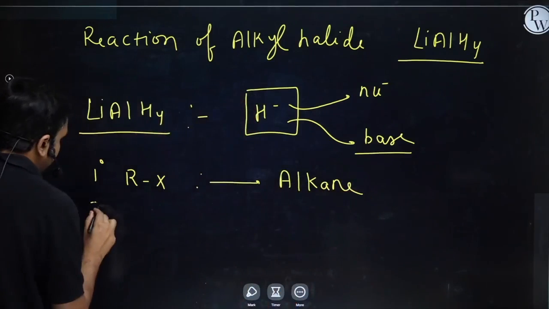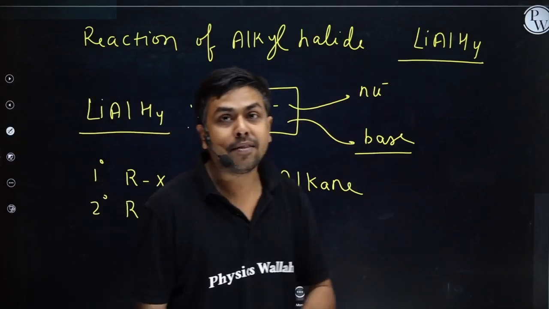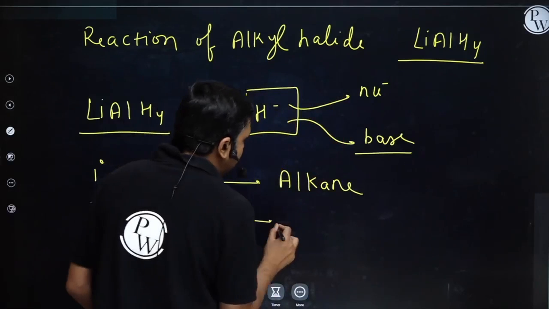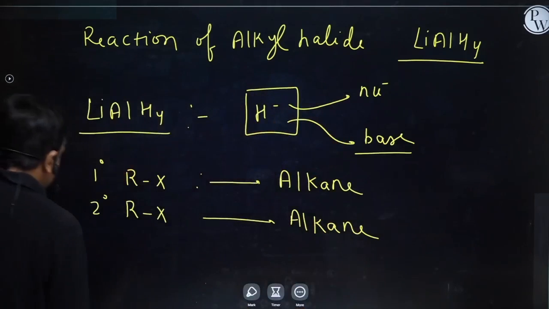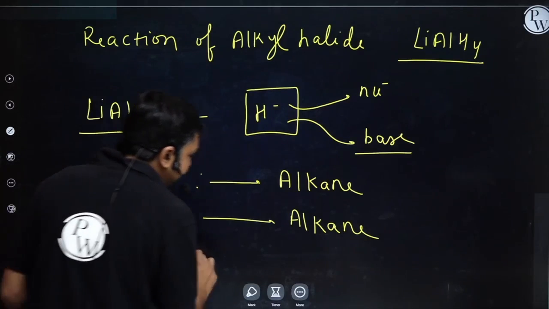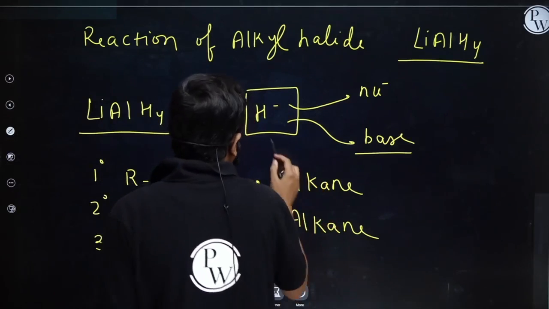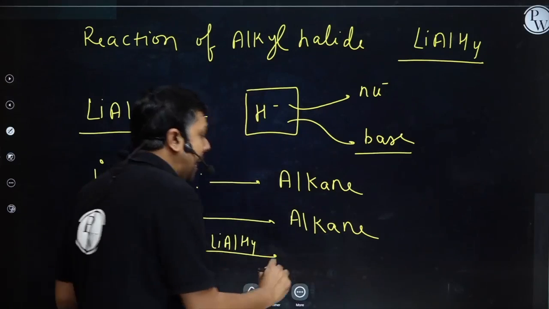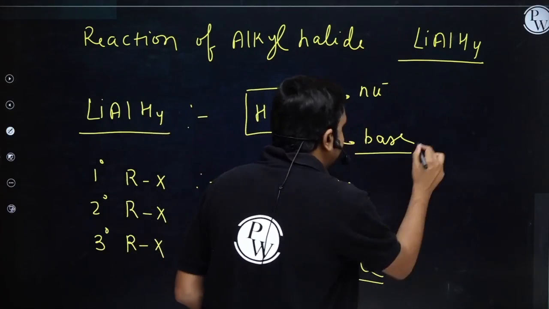If it's treated with a 2 degree alkyl halide, then also this H- will have a nucleophilic behavior. It will attack on alkyl halide via SN2 pathway, and I will have the formation of alkane only. But if the alkyl halide is 3 degree alkyl halide, and it's treated with LiAlH4, in that case, this H- will act as a base and it will do elimination reaction, and I will have the formation of alkene.